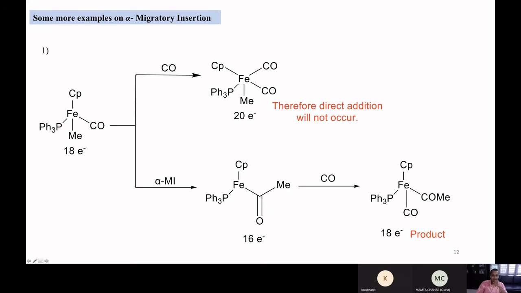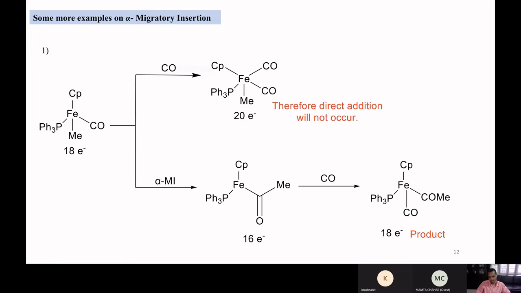Now if you are reacting this sort of complex with carbon monoxide, what happens? That's the question. If you add carbon monoxide to this iron Cp, Me, CO, triphenylphosphine complex, you will get a 20 electron complex, which is not feasible.